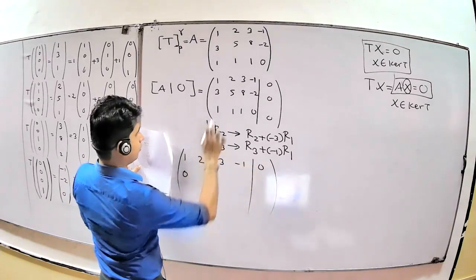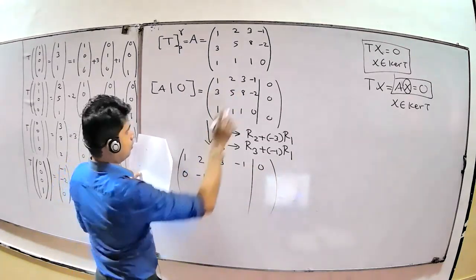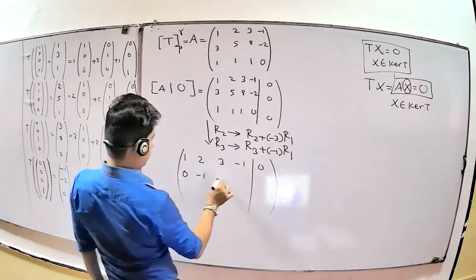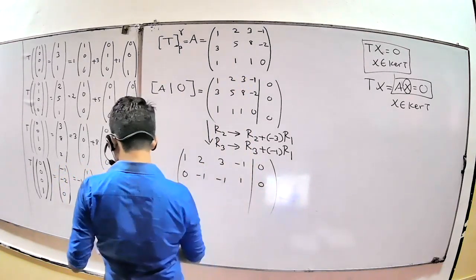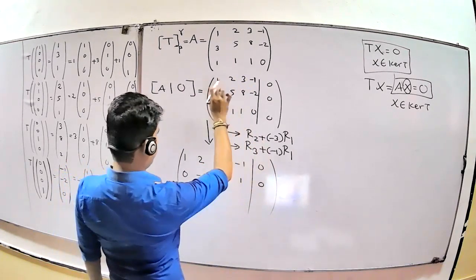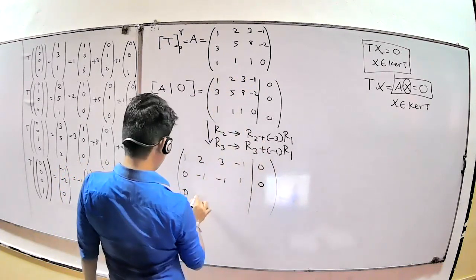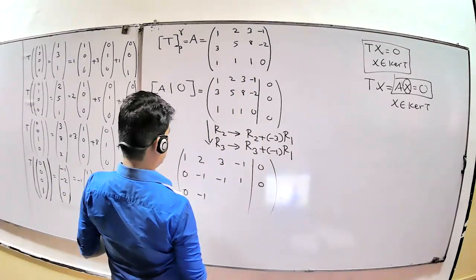Here 0, -1, -3, ... multiplying here by -1 and adding.